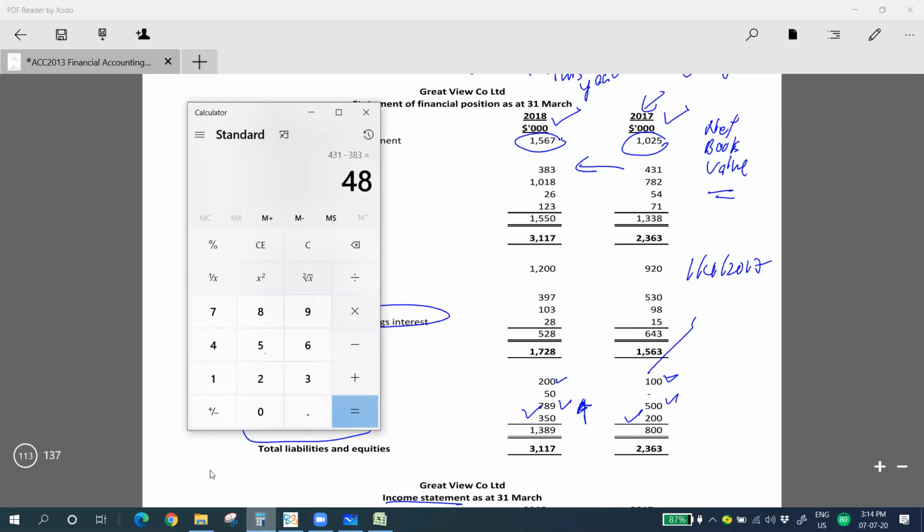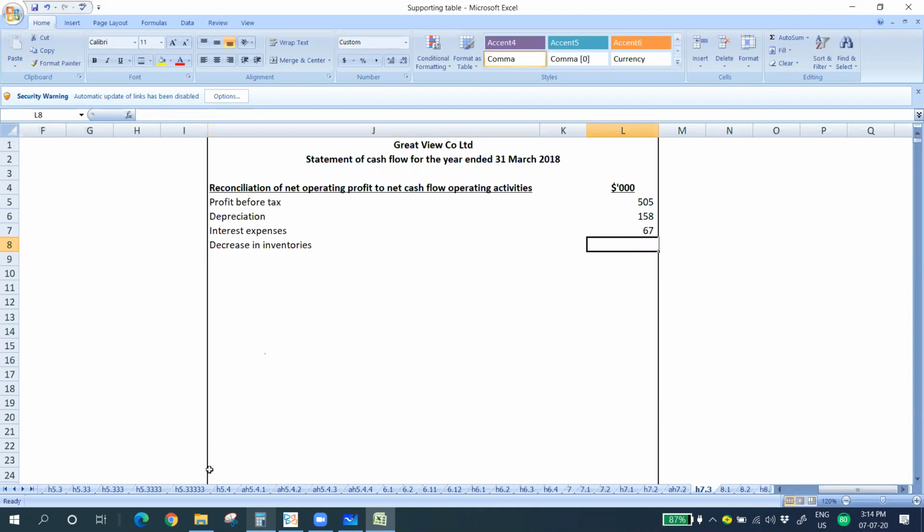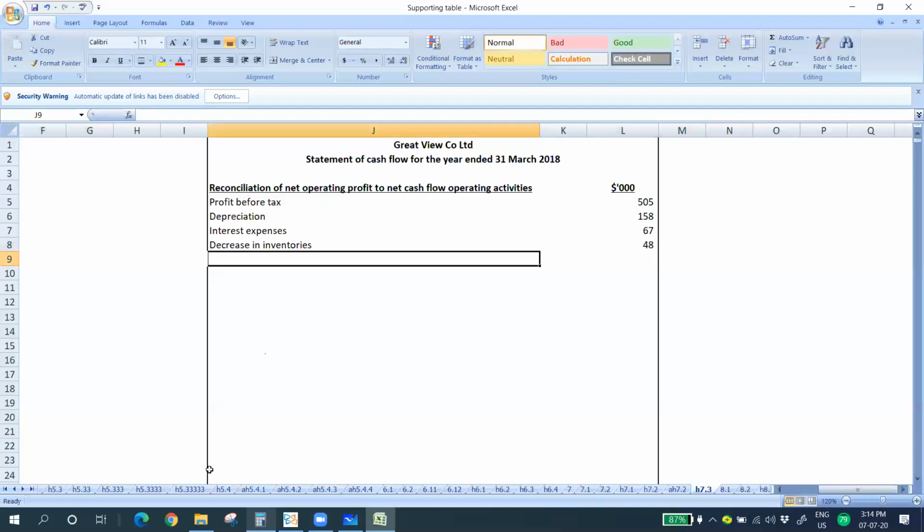So, decrease in your inventory, 48. Do I show a positive or negative amount in the cash flow statement? Positive, very good. Because a decrease in your inventory means that you buy less stock during the year. If you buy less stock, you keep more cash in your company. So when you keep more cash in your company, it is a cash inflow, positive.